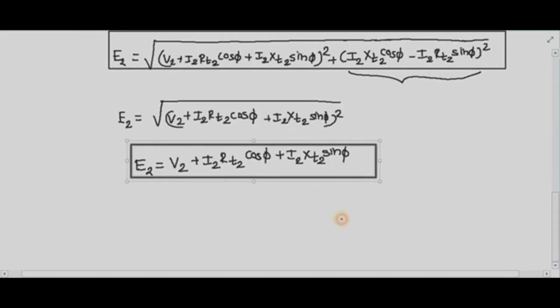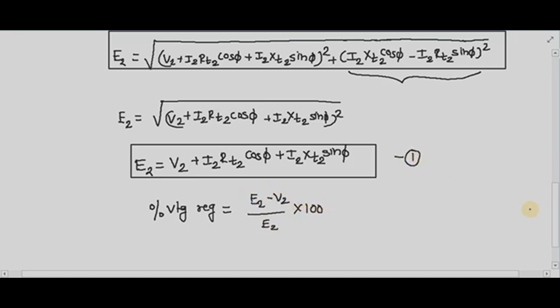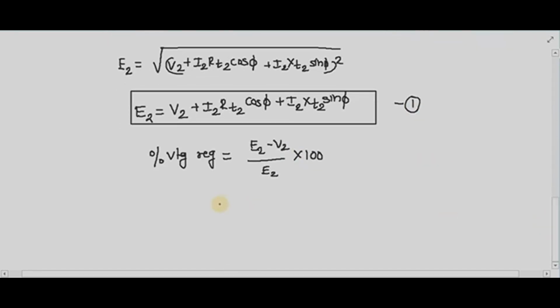And what is voltage regulation then? Percentage voltage regulation equals E2 minus V2 divided by E2 into 100. Put the value of E2 from equation number 1 in this.